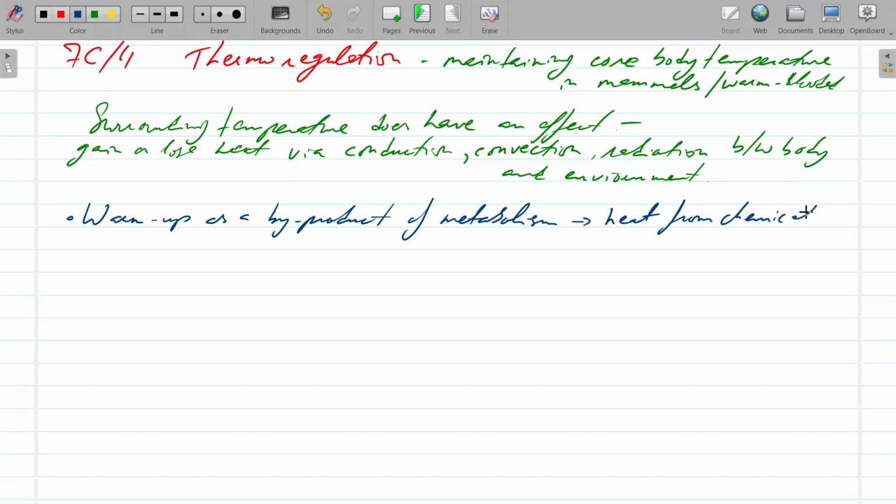So from the chemical breakdown of foods. The book mentions it as chemical inefficiency and energy that is wasted, but I would disagree with that.